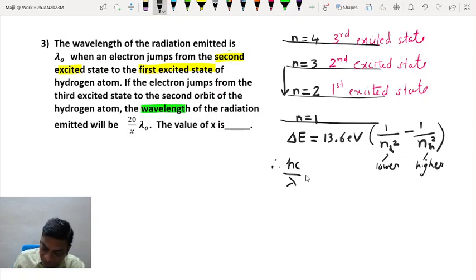So here what I can say is this. Finally I can write 1 by lambda varies inversely as 1 upon n low square minus n high square.